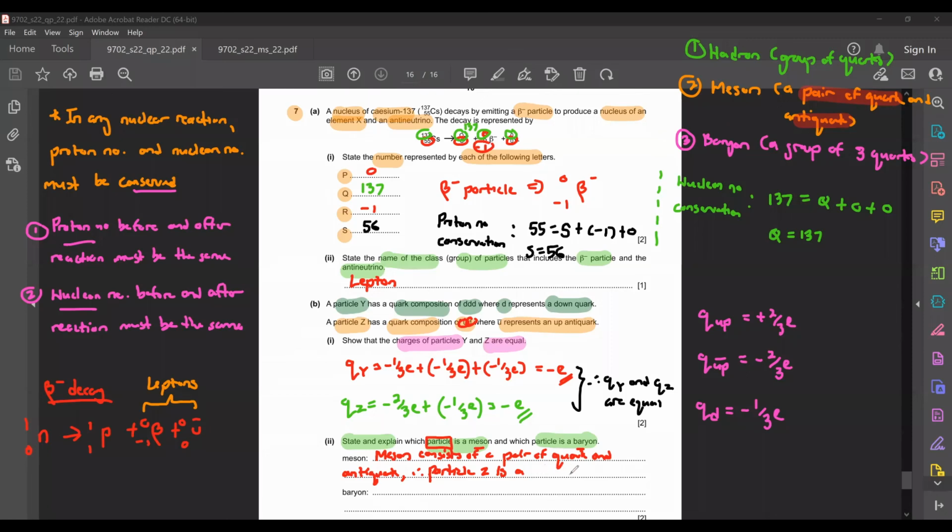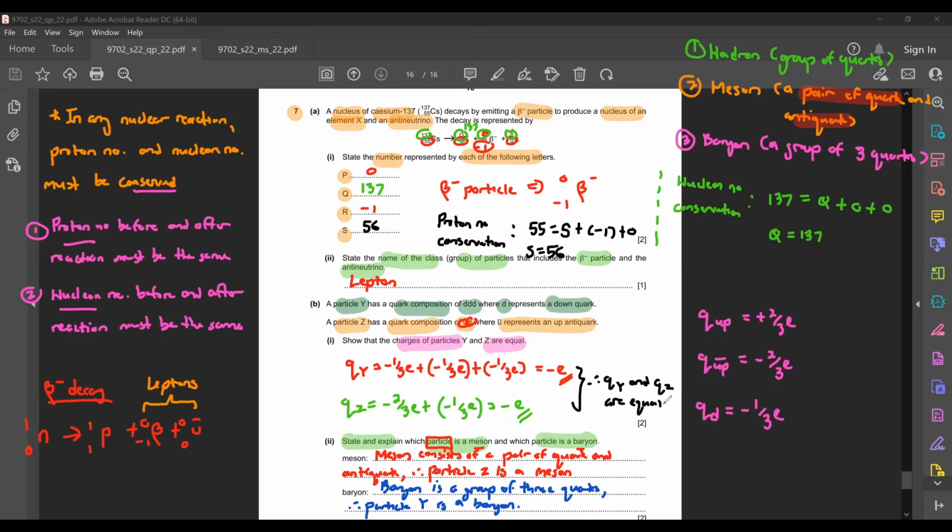And for the last one, baryon, we can say that a baryon is a group of 3 quarks. Therefore, particle Y is a baryon.